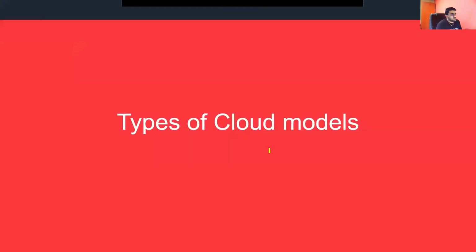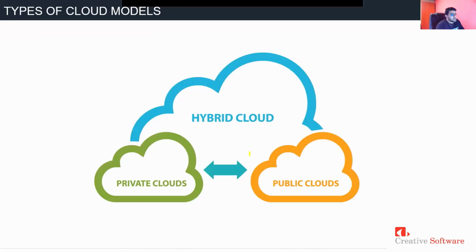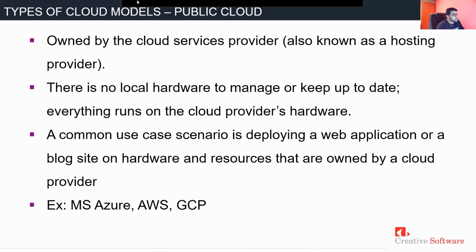So now let's talk about types of cloud models. Mainly there are three types: private cloud, public cloud, and hybrid cloud. Public cloud first. The public cloud means the service is provided on the cloud by a provider, right? So that is accessible all over the globe. There is no local hardware to manage.